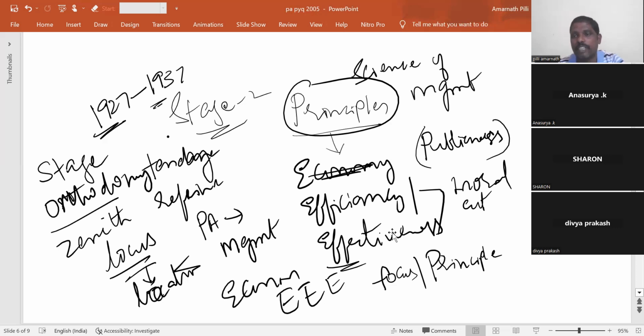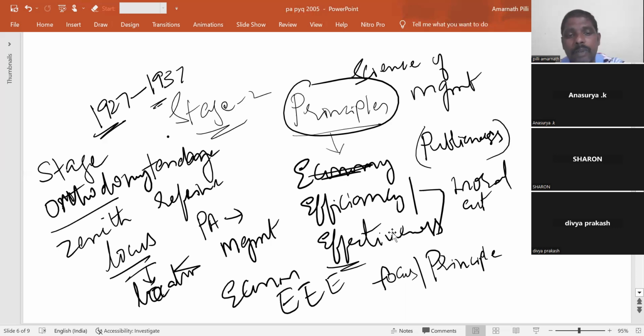There is no clear difference made between administration and management. So we see a kind of integration between these two. This is what happened in stage two.